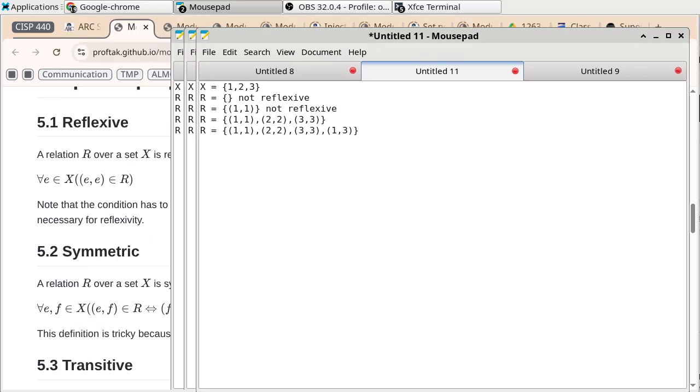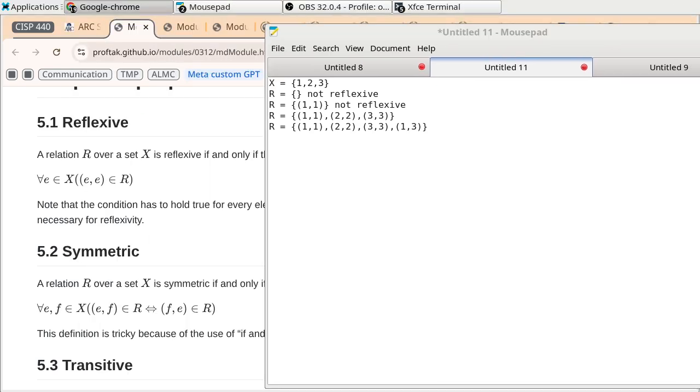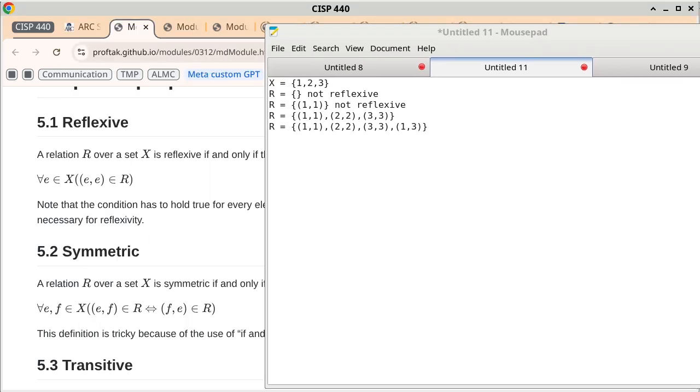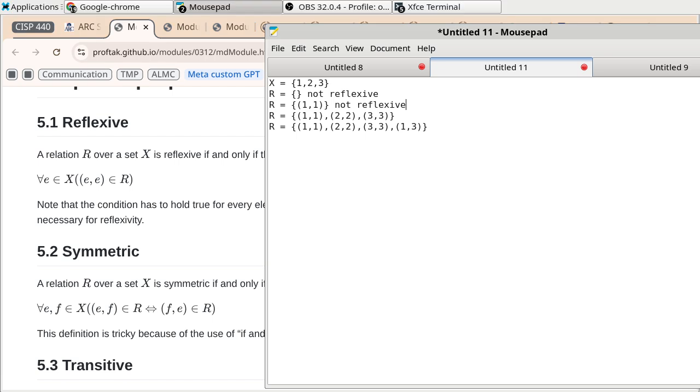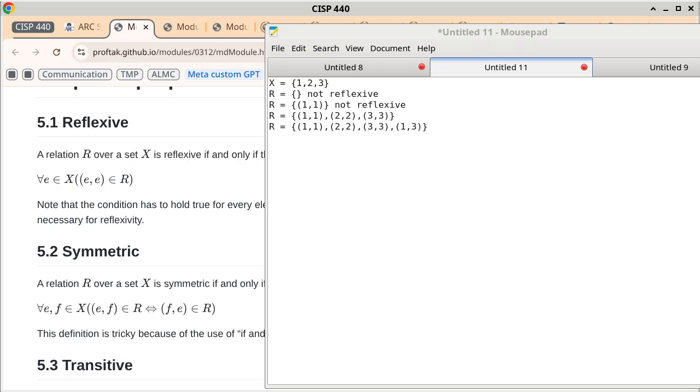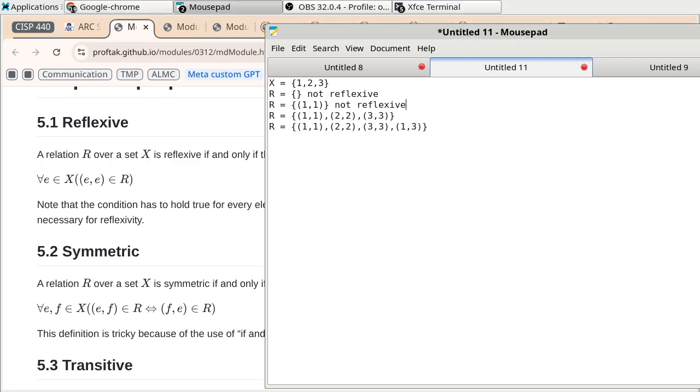You have to pay special attention to the quantifier, because the quantifier here is a universal quantifier. It means for every element in X, this has to be true. Even though when e equals 1 this expression is true, not so much when e equals 2 or 3. Because the universal quantifier requires every subcase to be true, this is not reflexive.